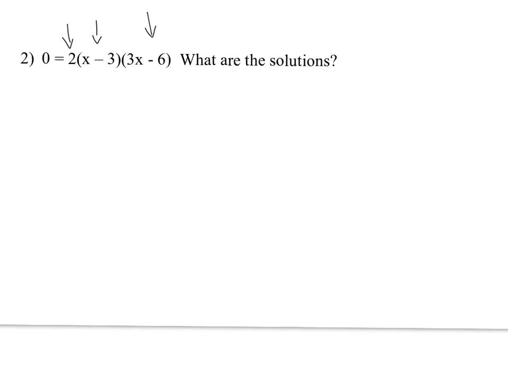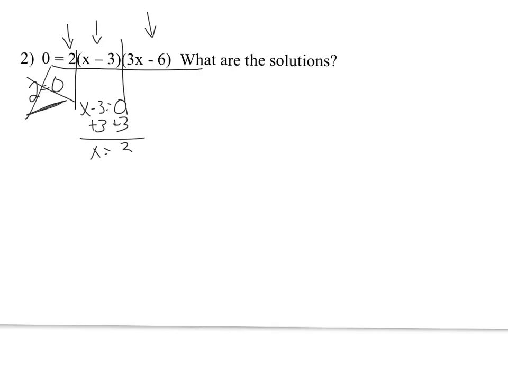Now when we look at it, it looks like there's 3 factors, and there are, but there aren't going to be 3 answers for x. Because if you look here, we would set each one of these equal to 0, and you see, can 2 ever equal 0? No, that's crazy talk. But x minus 3 could be 0, and we solve that.